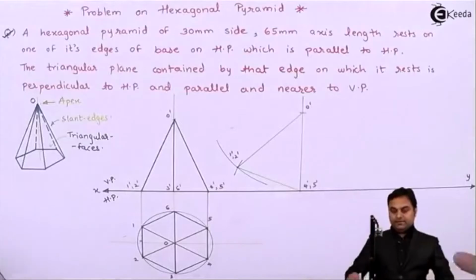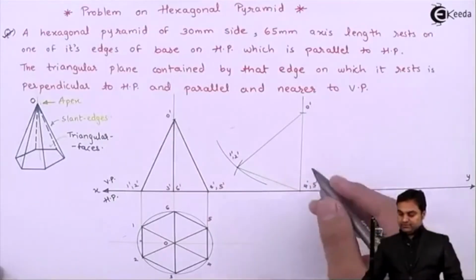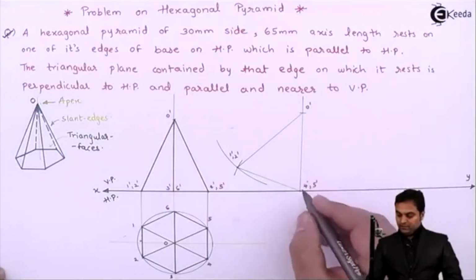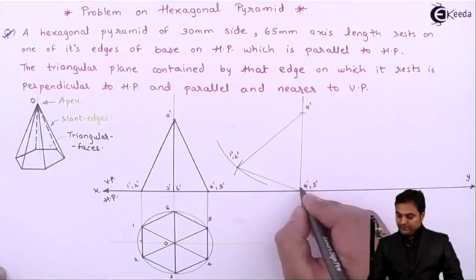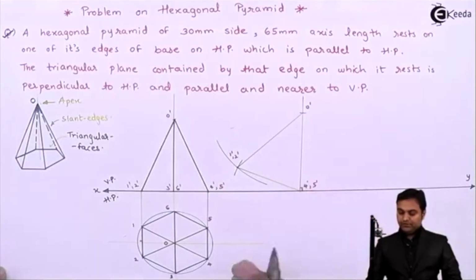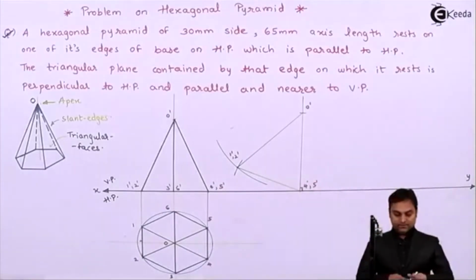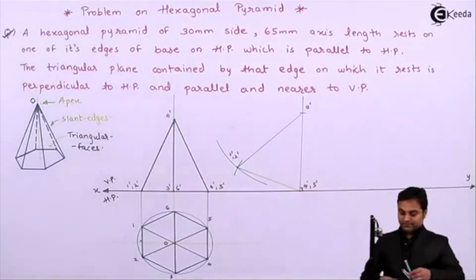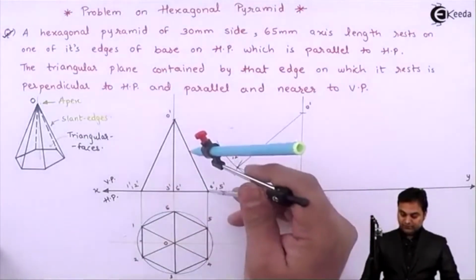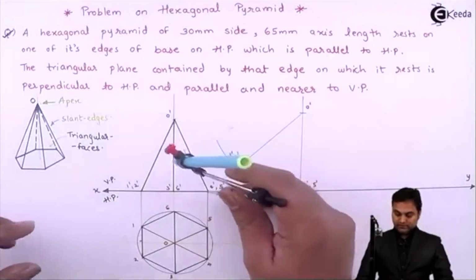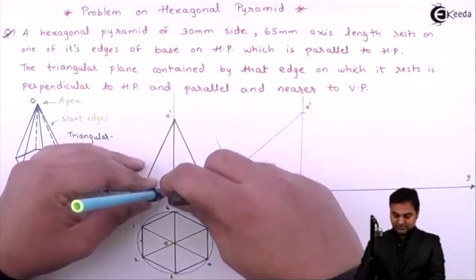Now here I had made this triangular plane perpendicular to HP, and it is seen in VP. After this, I'll measure the distance from 4 5 to 3 6.